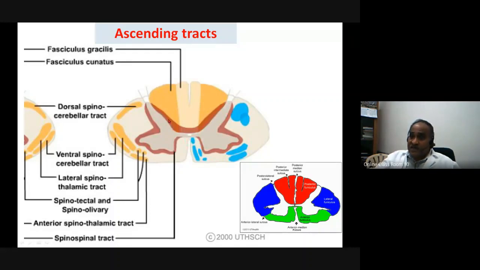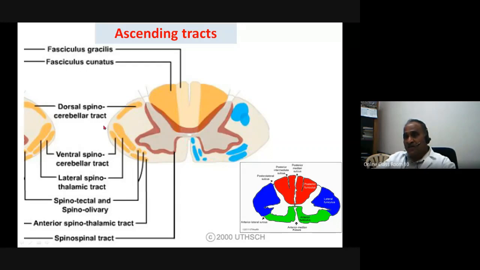And look here, these are the fibers which have not crossed. From the same side they go to the medulla, and in the medulla they cross and ascend as the medial lemniscal bundle. So in the spinal cord, the posterior column carries the neosensation, which is not crossed.